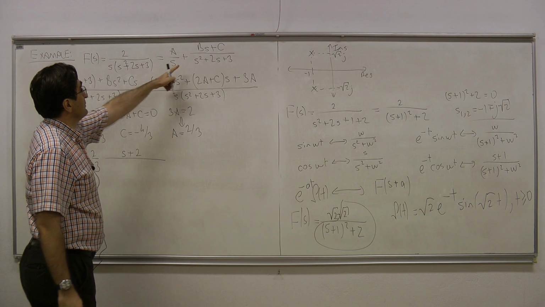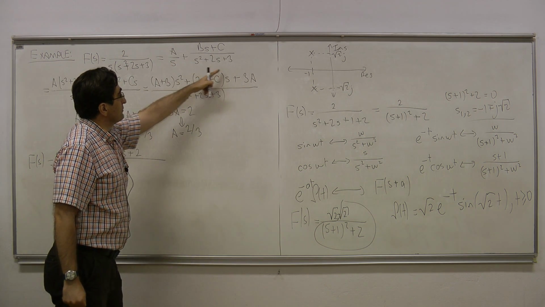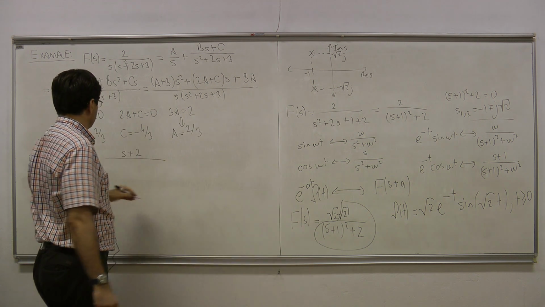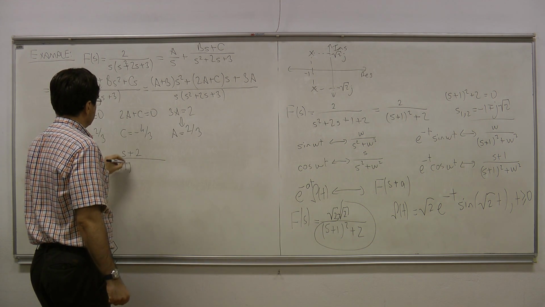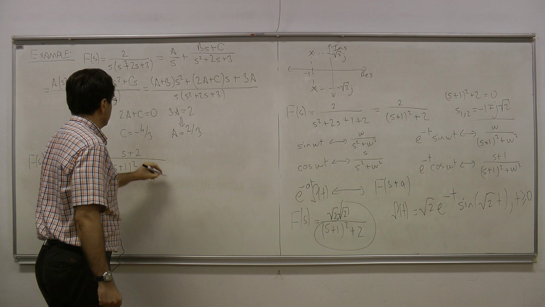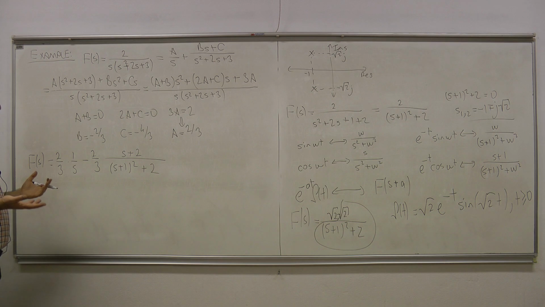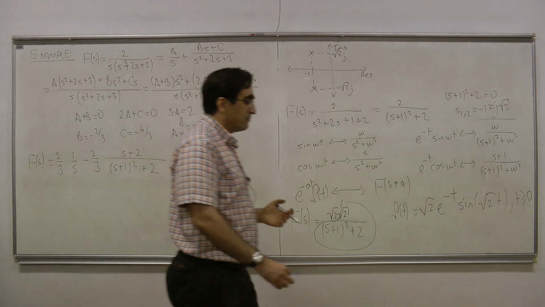Okay? And I will just write this denominator in the full square form, s plus 1 squared plus 2. So now these are the only partial fraction expansion steps that I have to apply.